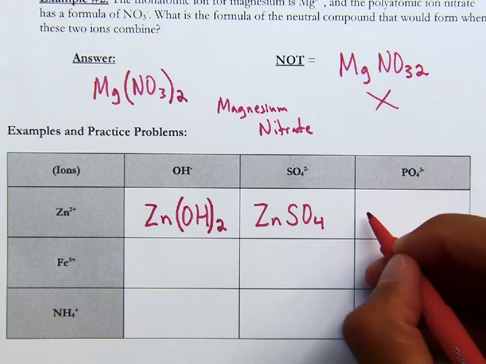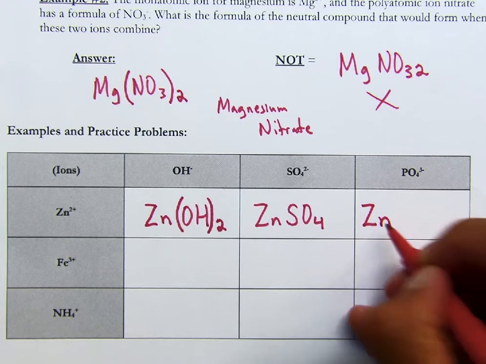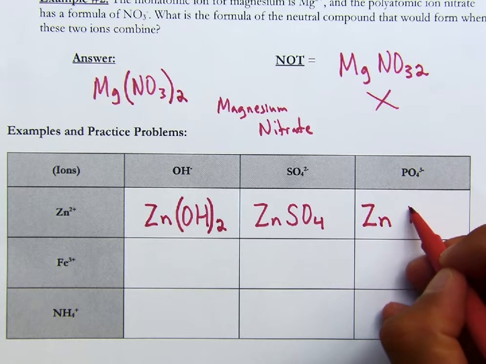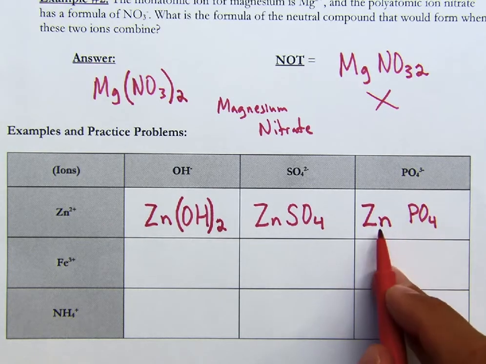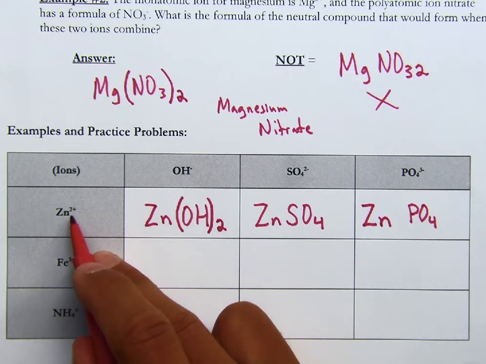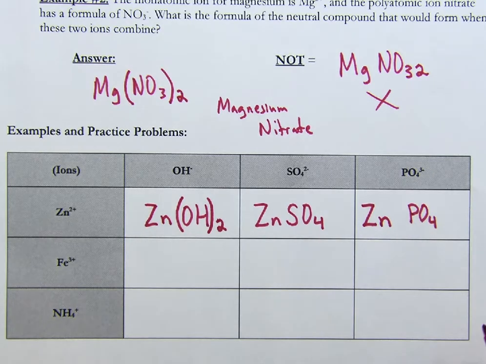Now this next one is a tricky one. We have zinc, and then we have phosphate. Zinc is +2. Phosphate, this whole thing, is -3.